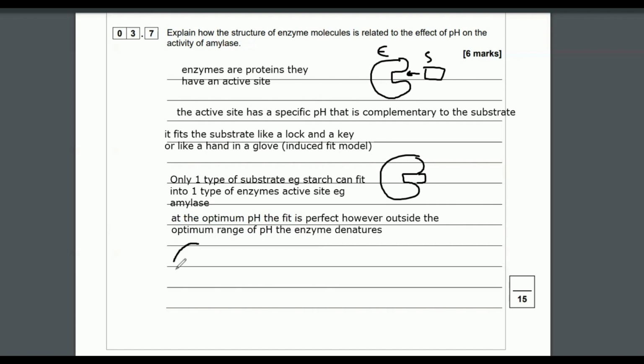But actually, the active site's shape can go all messed up, even at a different pH. It's because of the hydrogen ions. pH is a measure of the hydrogen ion concentration, and different hydrogen ion concentrations affect the bonds that hold together the active site. They disrupt it. The active site loses its shape. So the active site changes shape and no longer fits the substrate like a lock and key.